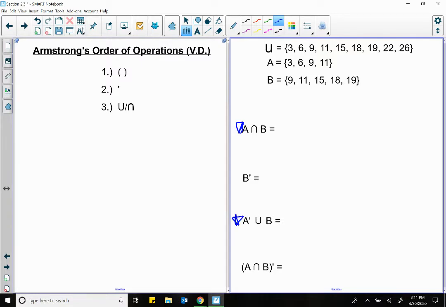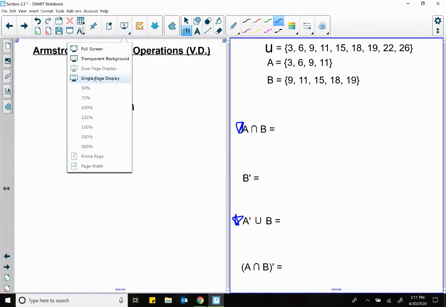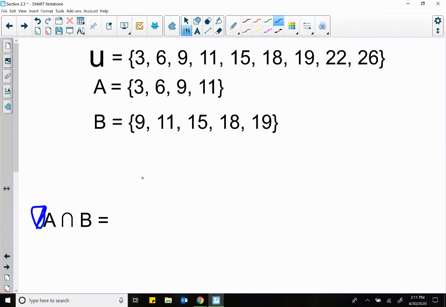Okay, before I attack this, we need to get the Venn diagram for it. Okay, so we've got a universe, and then we've got a set A and a set B inside there. So let me show you what this looks like. I'm going to take it out of that dual page real quick.